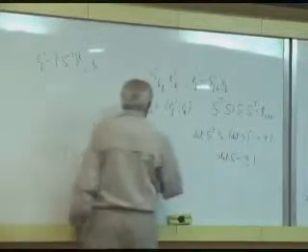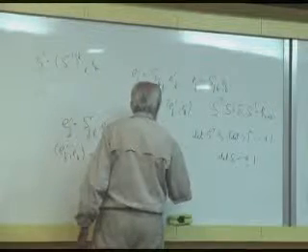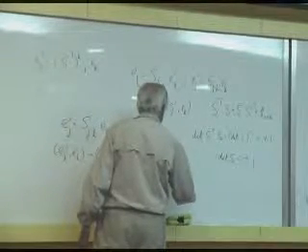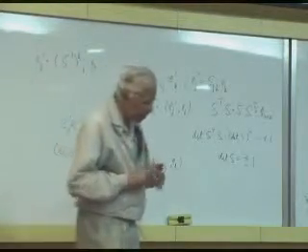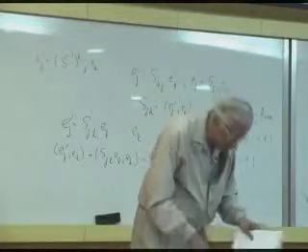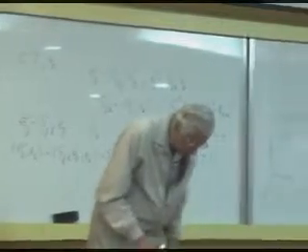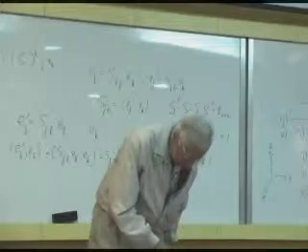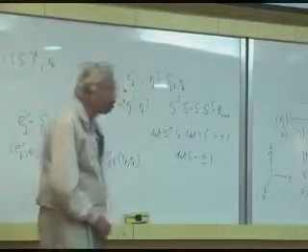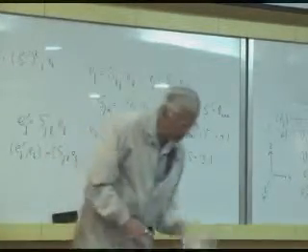Do you agree that this is equal to this? This is one of the properties of inner product which I gave in the beginning today, on page 8, equation 33, number 2.